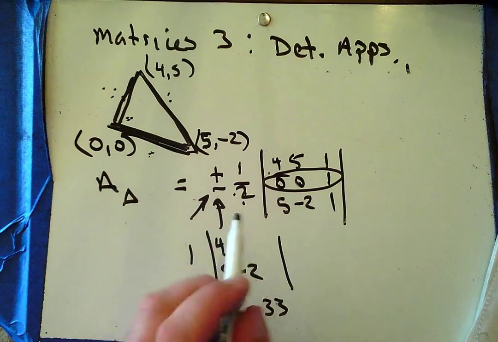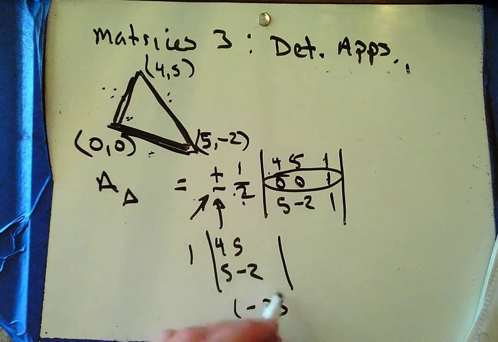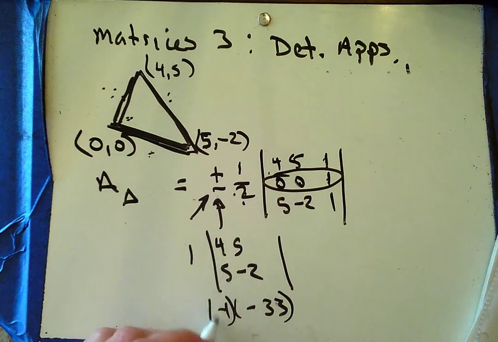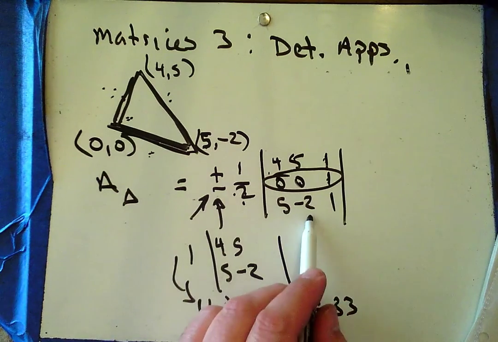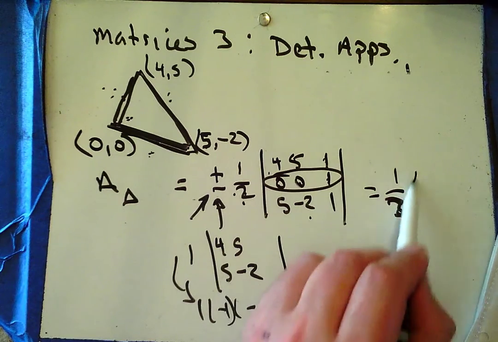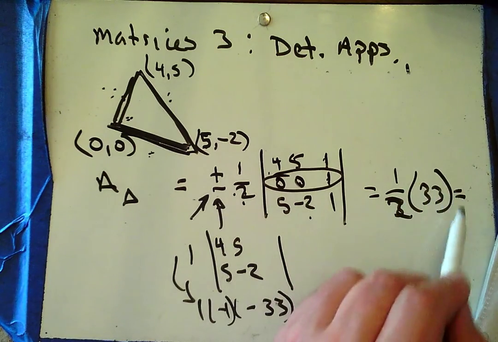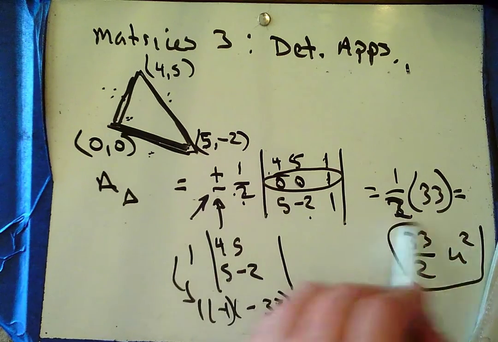Don't forget cofactors, plus, minus, minus. So I need to multiply that by a negative times the one that's out in front, and I get positive 33 as the determinant. And so we have 1/2 times 33, or 33 halves, is our area.